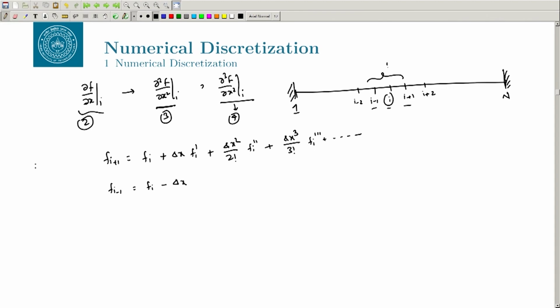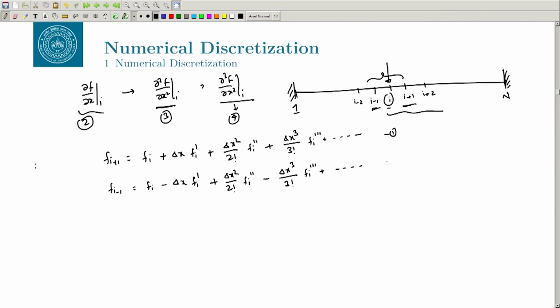Because we want to get the derivative at I. If you wanted the derivative at I plus 1, you would choose the points accordingly and write the Taylor series expansion around I plus 1. Any point you want to take, you have to write the expansion around that point.